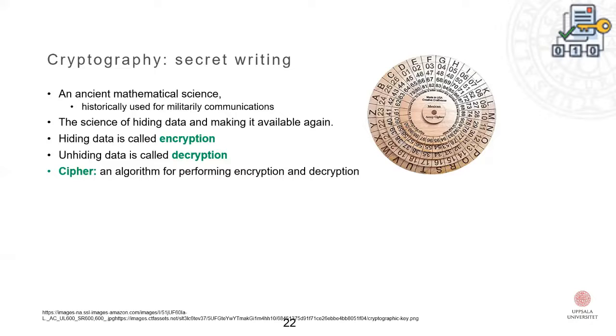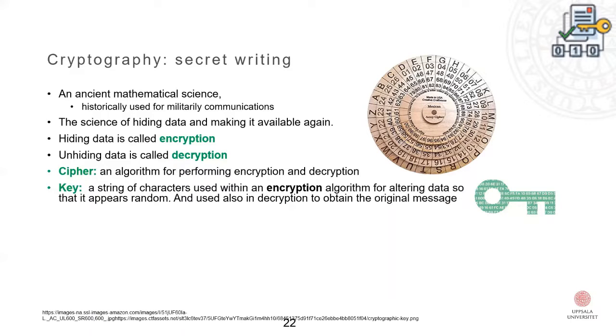And we have the notion of cipher, which is an algorithm for performing encryption and decryption. And we have also the notion of key, which is a string of characters used by the encryption algorithm or cipher for changing the data, so that the data after encryption looks like random data.